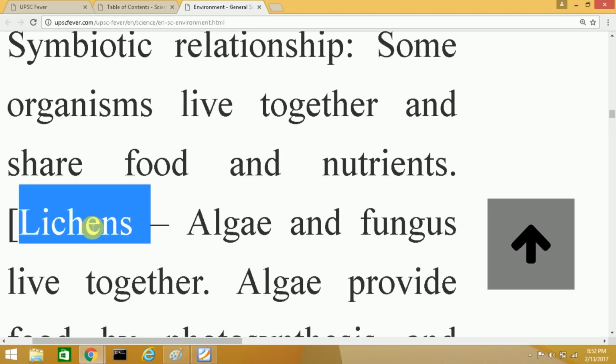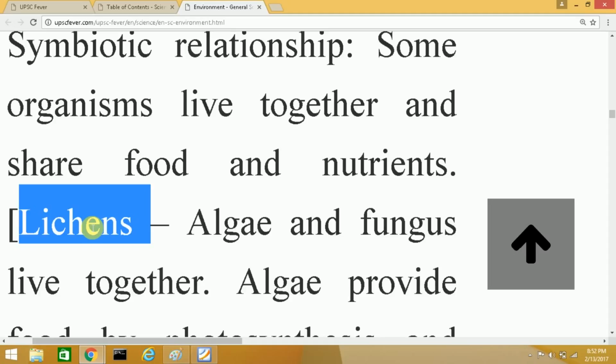So the algae and the fungus form a symbiotic association, that is, they help each other to survive. The algae produces the food by photosynthesis, whereas the fungi absorb the water and nutrients and give the shelter to the algae. So together they bring and protect each other.